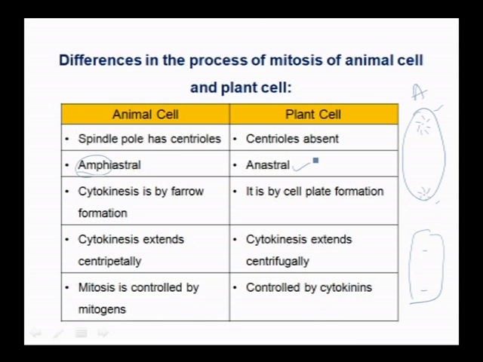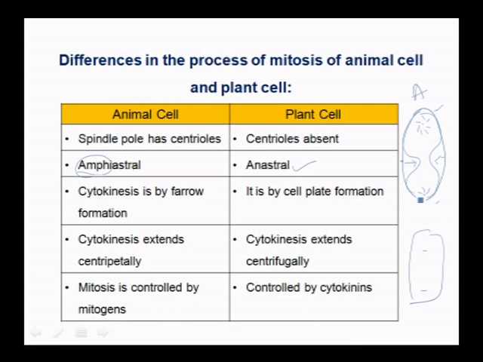Next, moving on to cytokinesis. Cytokinesis in animal cell occurs with the help of furrow formation. Furrow formation occurs at the periphery here, and the filaments and microtubules will start pulling the plasma membrane towards the center of the animal cell, as a result of which the animal cell will show the furrow or cleavage like this.